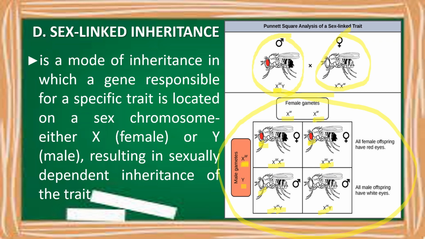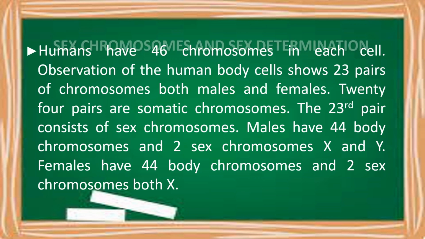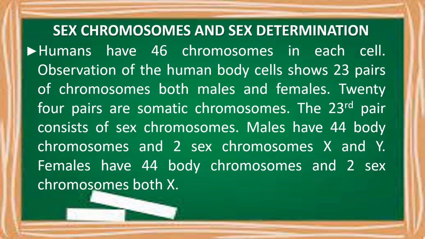So that's it. That is sex-linked inheritance. Sex chromosomes and sex determination. Humans have 46 chromosomes. Remember that. In each cell there are 46 chromosomes.